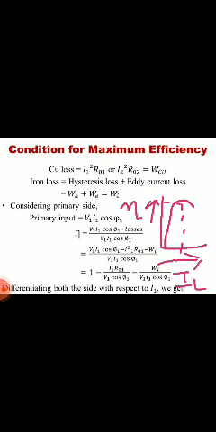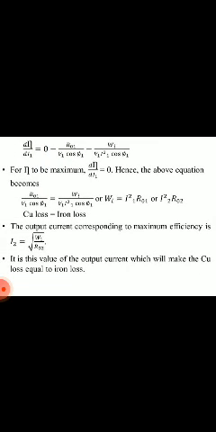When we increase the load further, the efficiency slightly decreases. So here we will differentiate the previous equation, and we will get the output current corresponding to maximum efficiency. That is, this is the current where the efficiency of a transformer will be maximum.